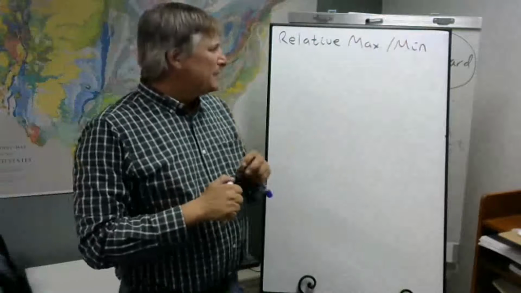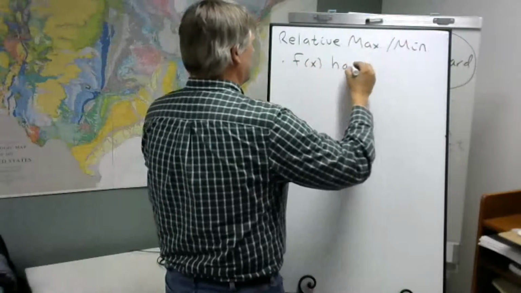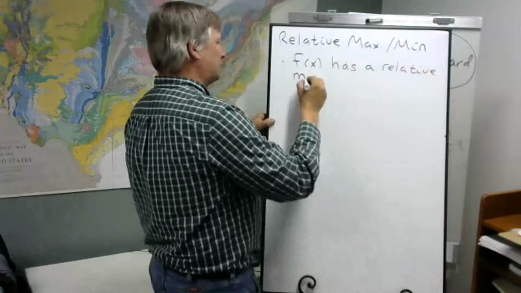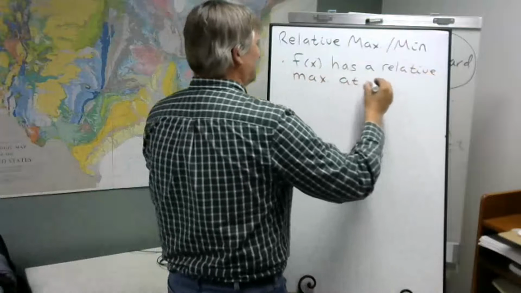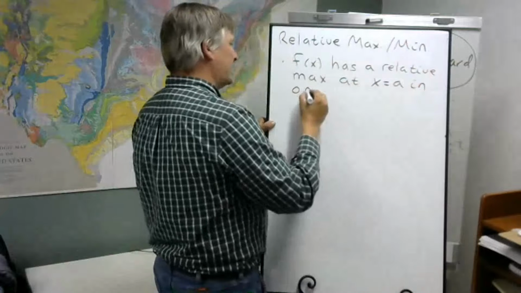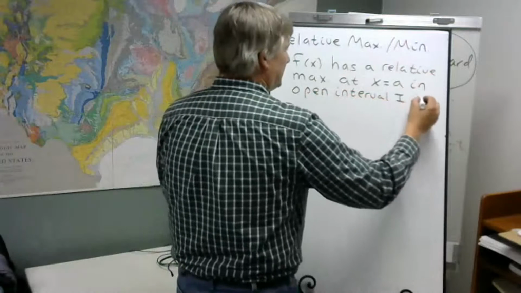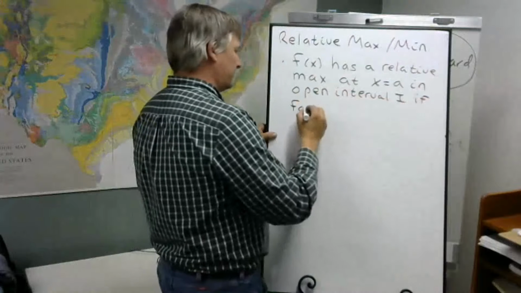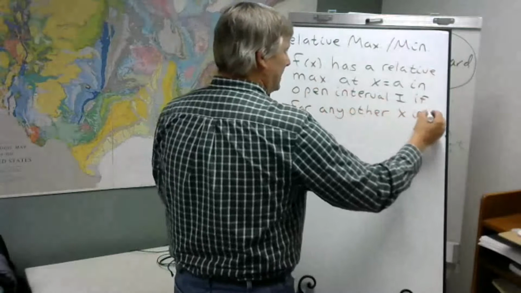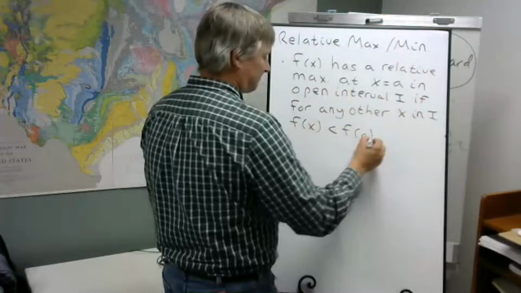So for relative max, relative min, f of x has a relative max at x equals a in open interval I if for any other x in I, f of x is less than f of a.